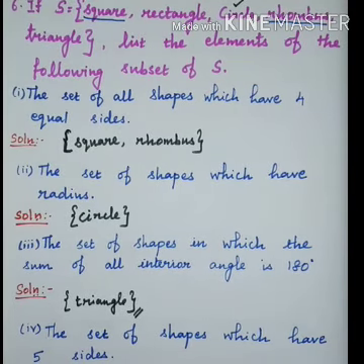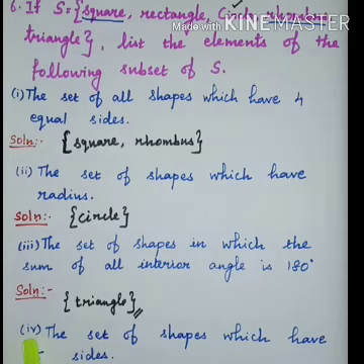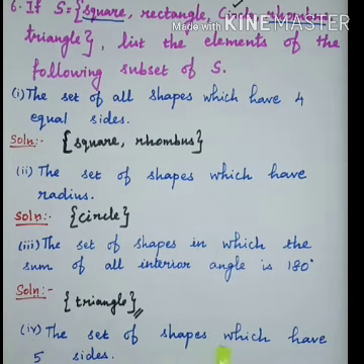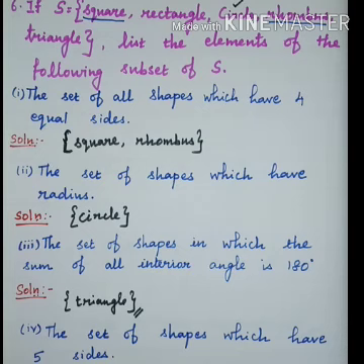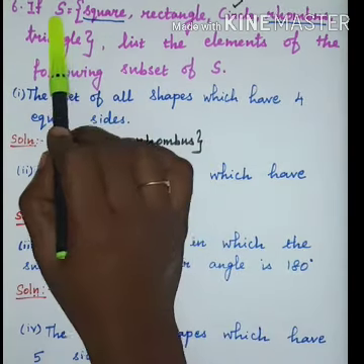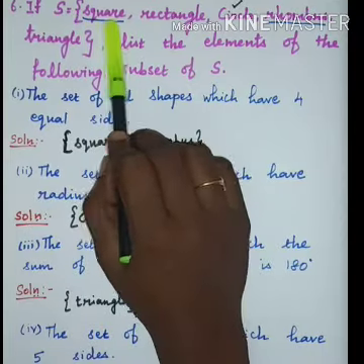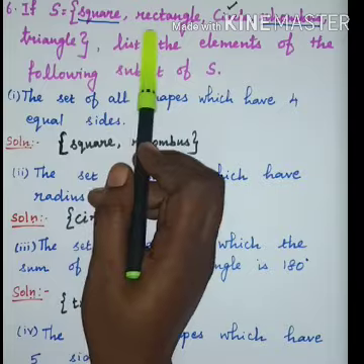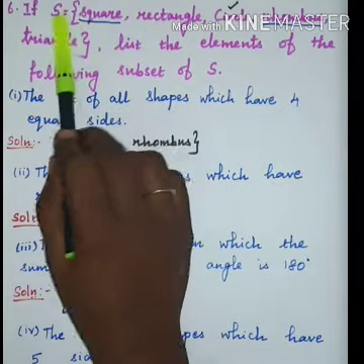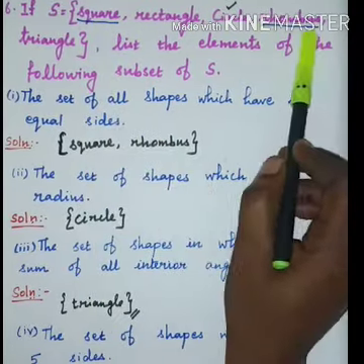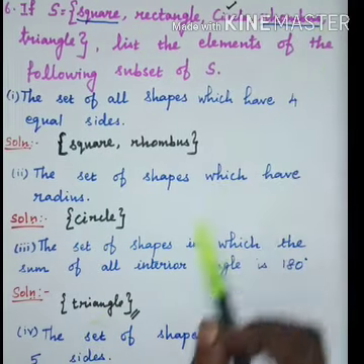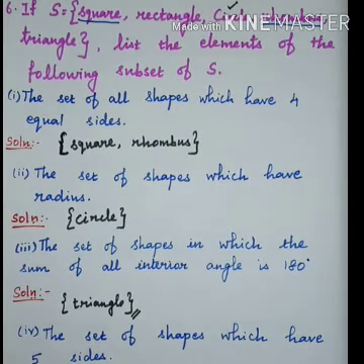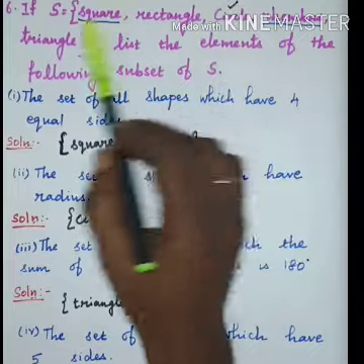Okay. Next, the fourth subdivision is the set of shapes which have 5 sides. The set S has square, rectangle, circle, rhombus and triangle. 5 elements are there in S. So among these shapes, which shape has 5 sides?